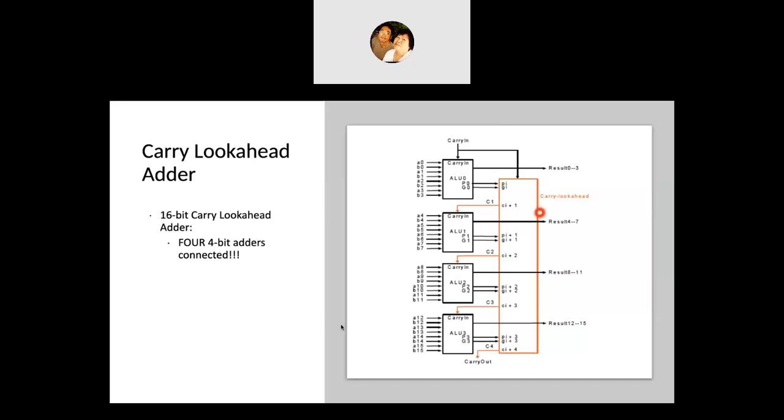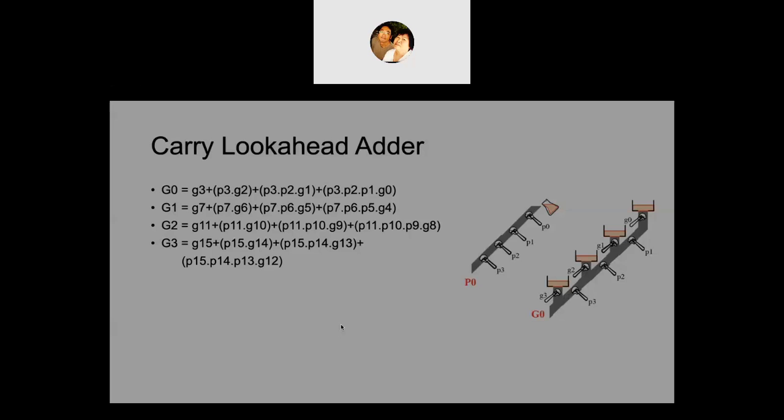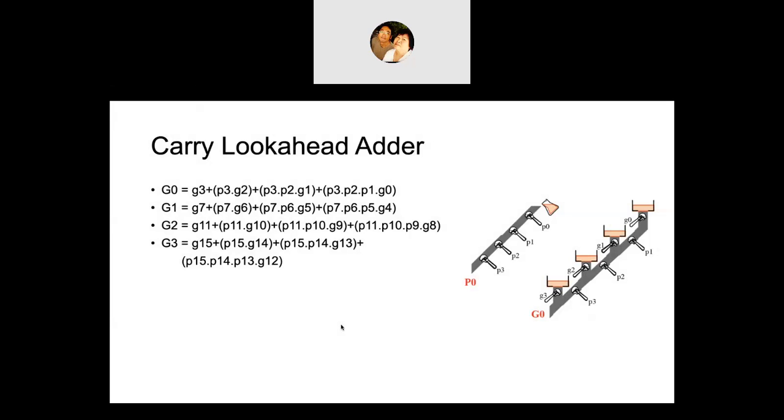And how can we build this box? Look at this one. We can calculate P0, P1, P2, and P3 like this. This is the equation for P0, P1, P2, and P3. And we can calculate G0, G1, G2, and G3. You notice that G0, G1, G2, and G3 are in the same manner as C0, C1, C2, and C3 that we previously did.